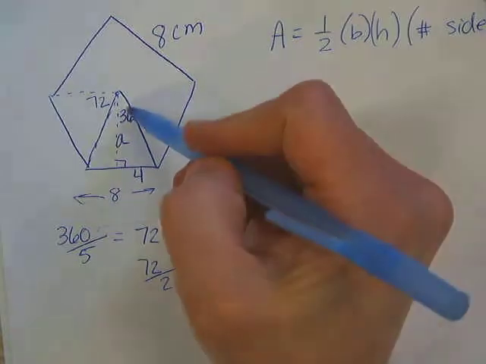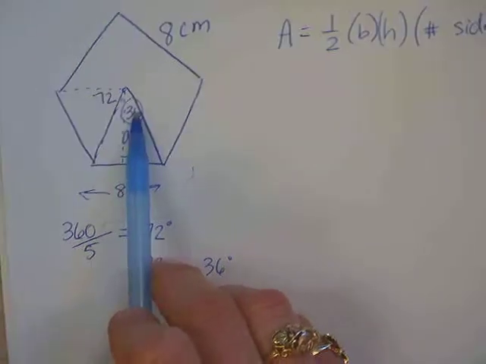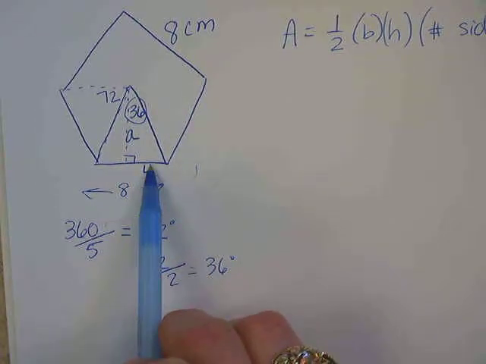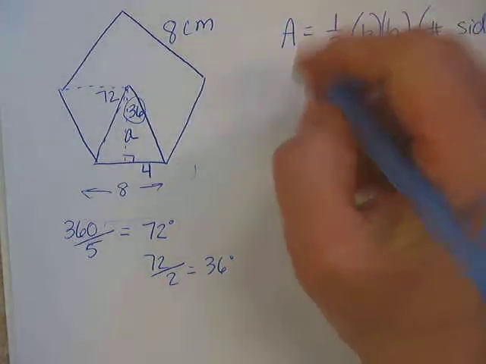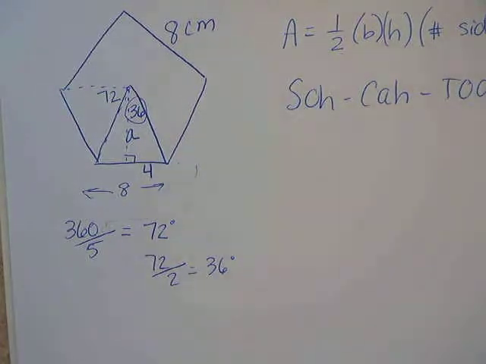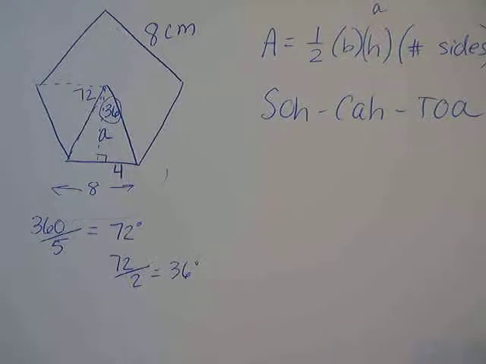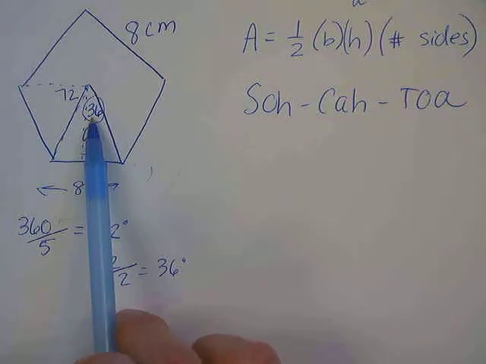Okay. Now going back to your trigonometry, you're going to start with the angle, and the pieces that we have as far as that angle goes are opposite and adjacent. So remember we had SOHCAHTOA to tell us which trig function to use.